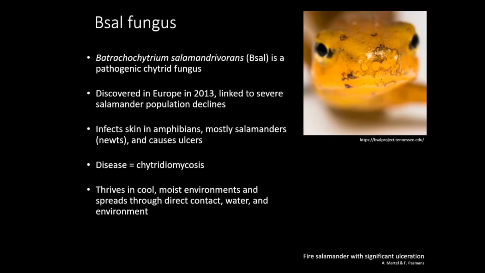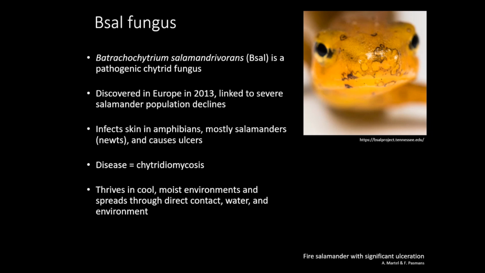The second pathogen I want to talk about is B-Sal, which is a related fungus, but it's called Batrachochytrium salamandrivorans, for like voracious, right? Because it eats salamander skin. And so both of these fungi originated in Asia and then have spread throughout the world.